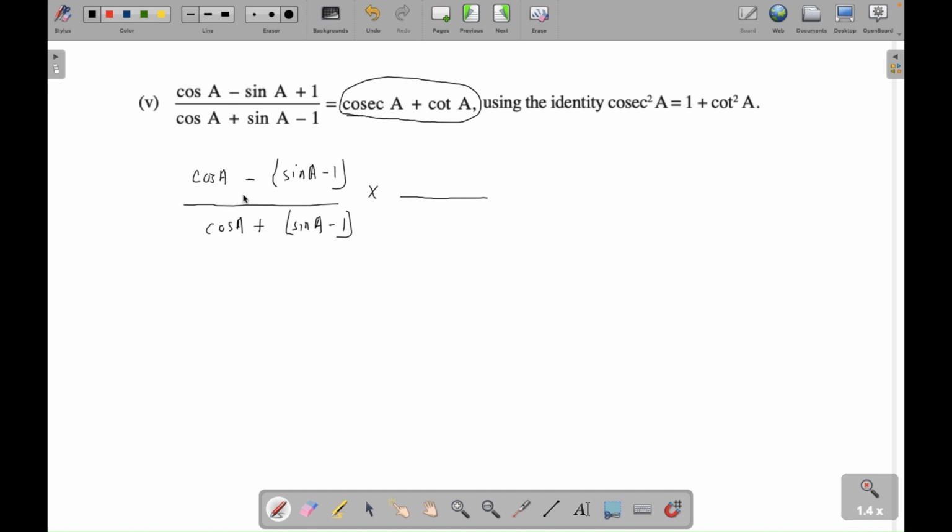What I'm trying to say is, if you have terms in the numerator, you don't need as many terms in the denominator. So in the denominator, you multiply with such a number that you get the identity a square minus b square. And in the numerator, you multiply with such a number that you get an identity of the form (a plus b) whole square or (a minus b) whole square.